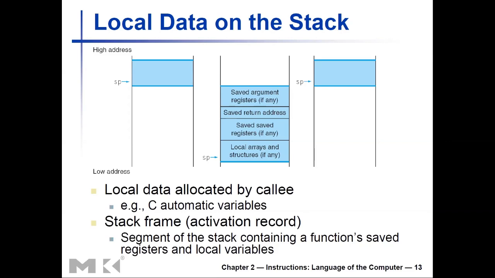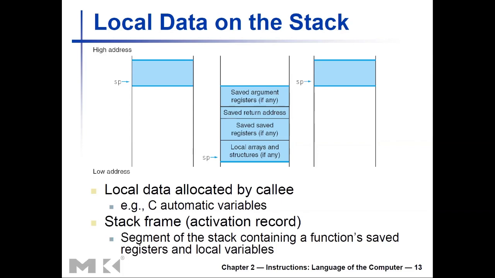Those variables are stored in the stack if the registers are not enough to store all of them, which is the case most of the time. And when the program returns from that function, the stack space is released.